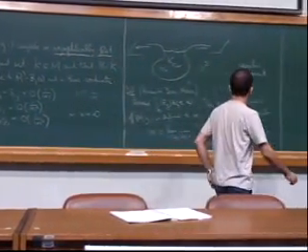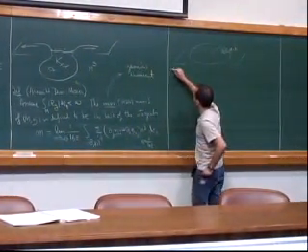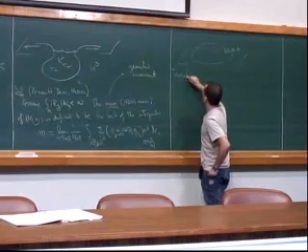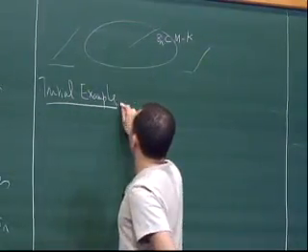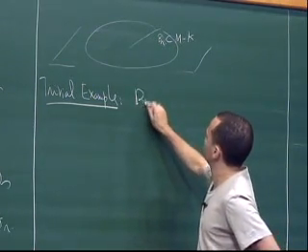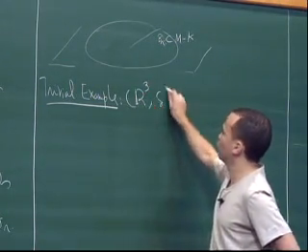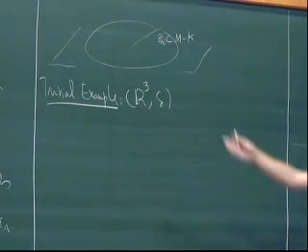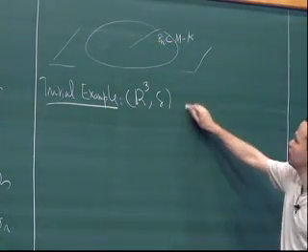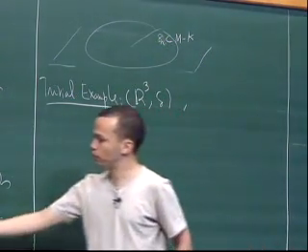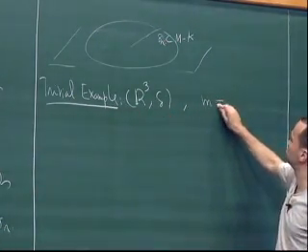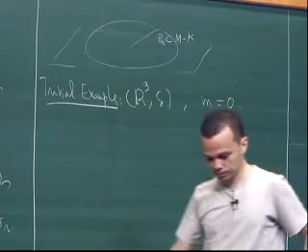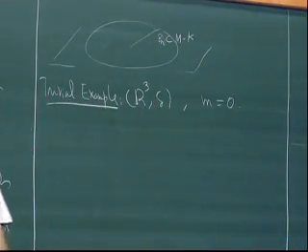The basic trivial example is the Euclidean space with the Euclidean metric. It's obviously asymptotically flat, and the coefficients of the metric can be chosen to be constants, so the mass here is just 0. So the Euclidean space has 0 mass.